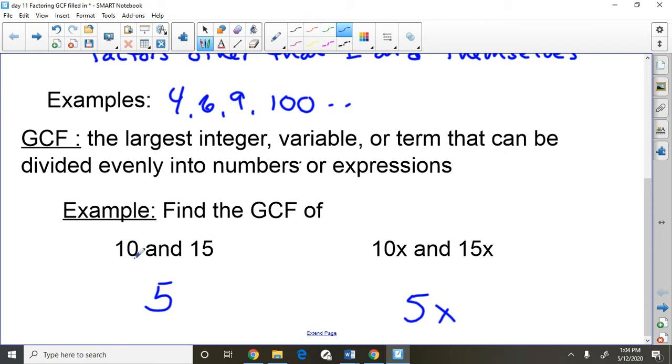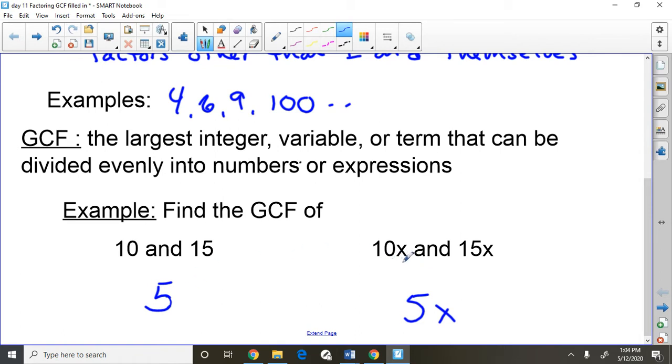For example, if I want to find the greatest common factor of 10 and 15, I'm looking for the largest integer that can be divided evenly into the numbers. So 10 and 15 are both divisible by 5. That is the GCF. 10 is also divisible by 2, and 15 is divisible by 3, but the greatest common factor, common means the same, factor means a number that divides into it, the greatest common factor is 5.